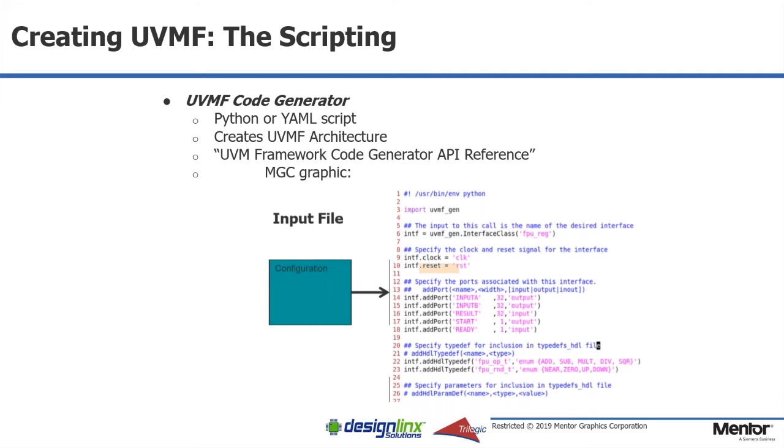This is the thing that creates your UVM architecture, and a good reference is the UVM Framework code generator API reference. As the graphic shows here, you script a configuration file, and you'll see some of the constructs that will allow you to create the framework and define it.